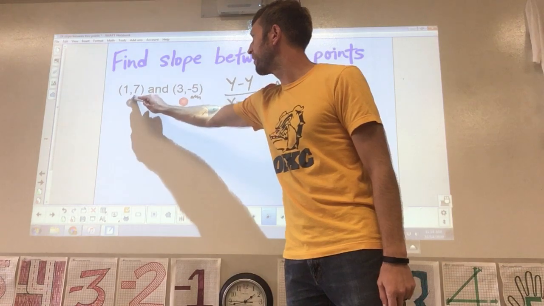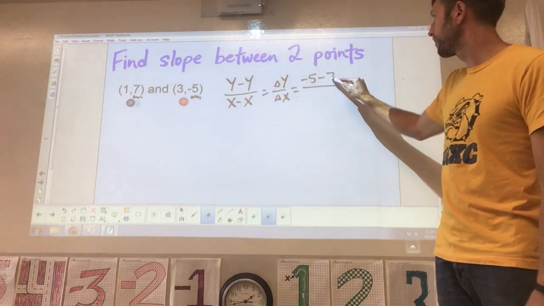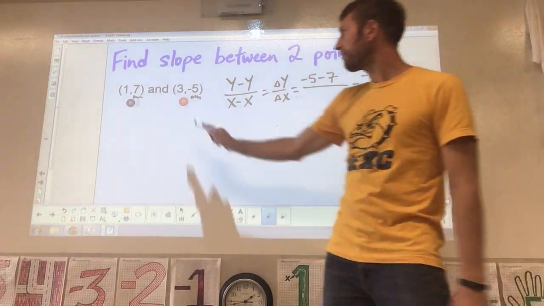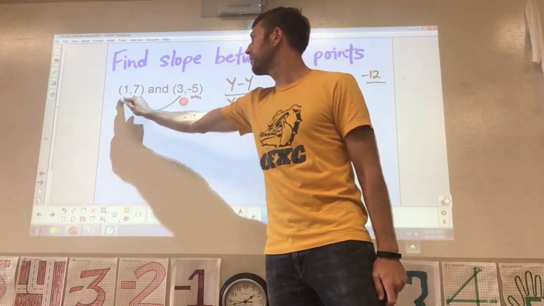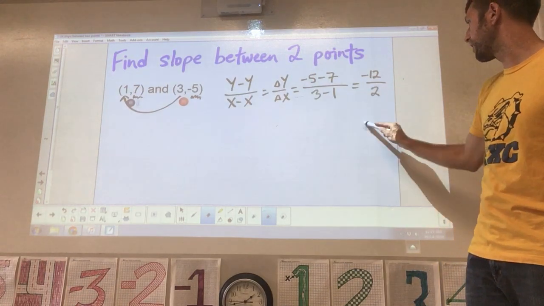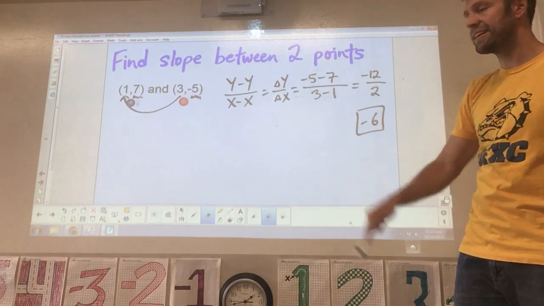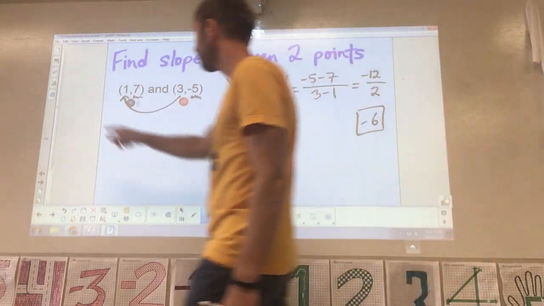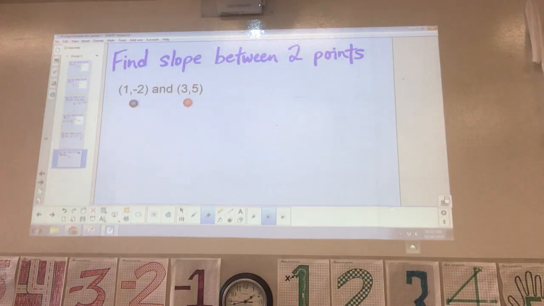Subtract the other y value, that's your 7. That is negative 12. Then we take our x of 3 minus 1. That's 2. We can go ahead and simplify, or divide it, to say that our slope is negative 6.